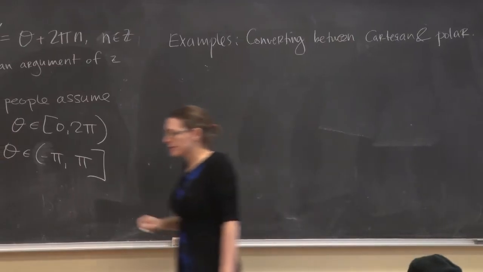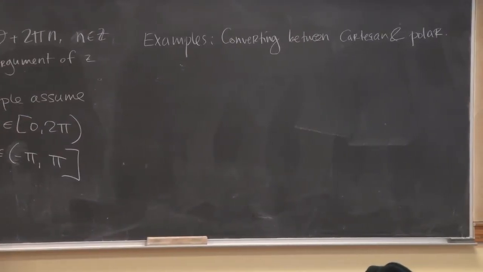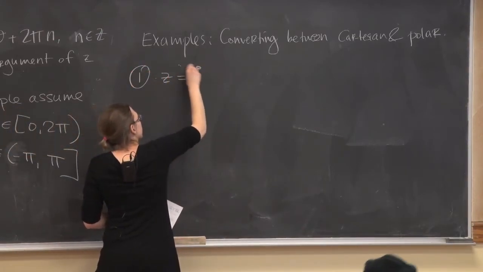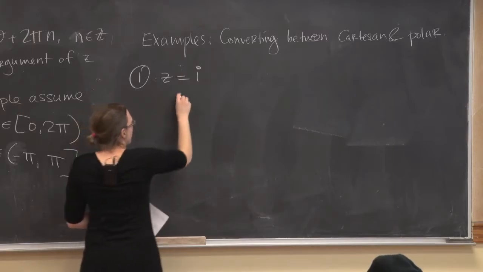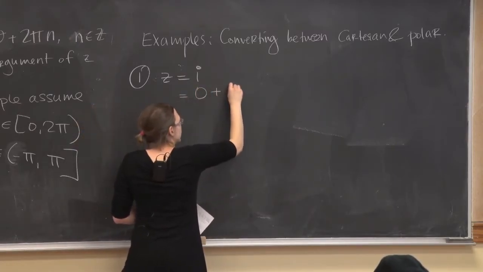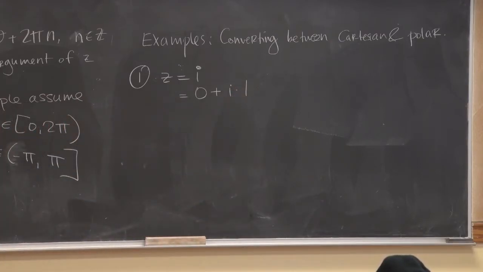My first example is z is equal to i. If I were to write it as a plus bi, that would be 0 plus i times 1, just to be really explicit how this is Cartesian coordinates. The real part is 0 and the imaginary part is 1.